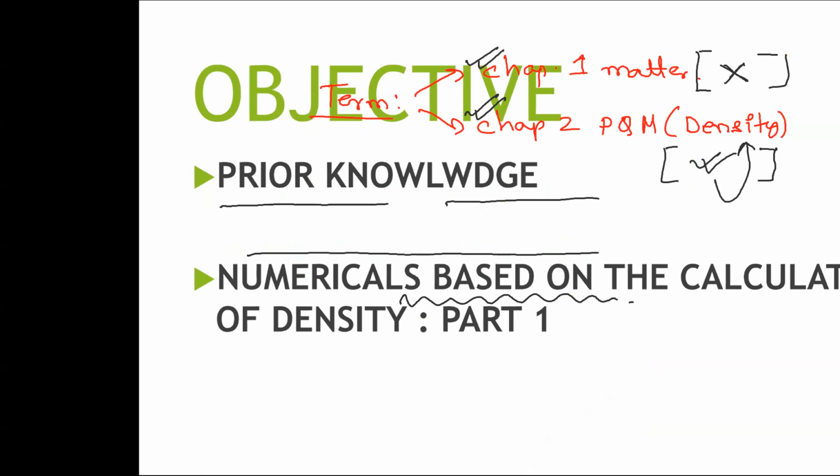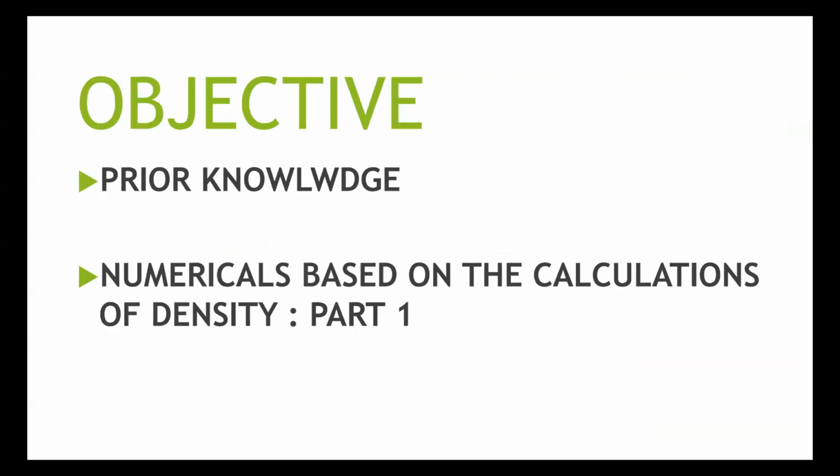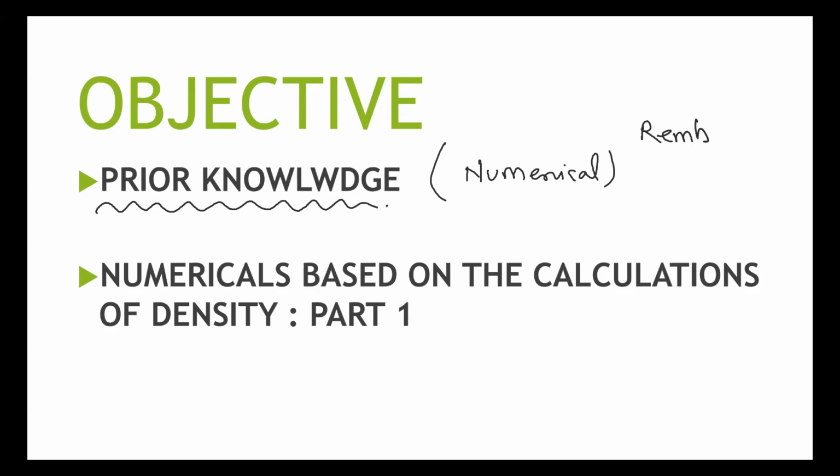First of all, what we have to look at over here is the objective. What is the objective of this lecture? First thing is we'll have some prior knowledge which will be helpful for solving numericals. This prior knowledge you must remember. Don't ask. If you know, it's fine.